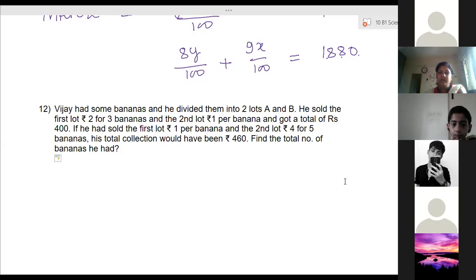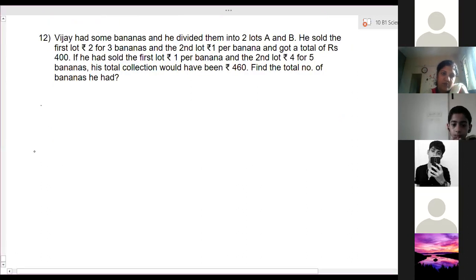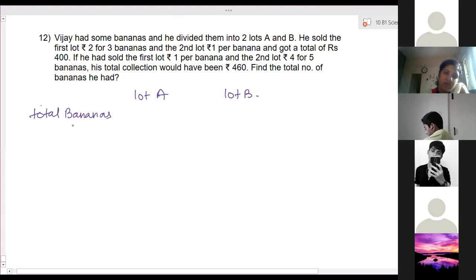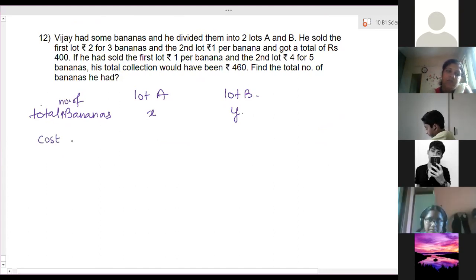So 2 lots, A and B. Total number of bananas: in lot A, X bananas and in lot B, Y bananas are there, right? So what is the cost per banana?